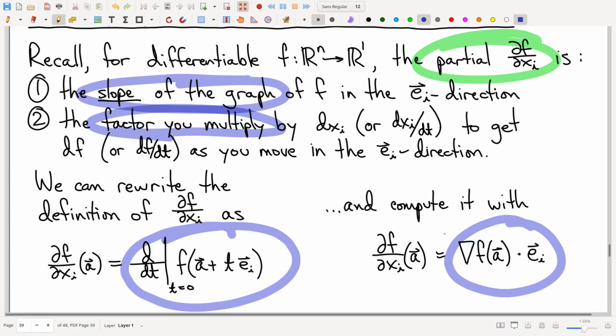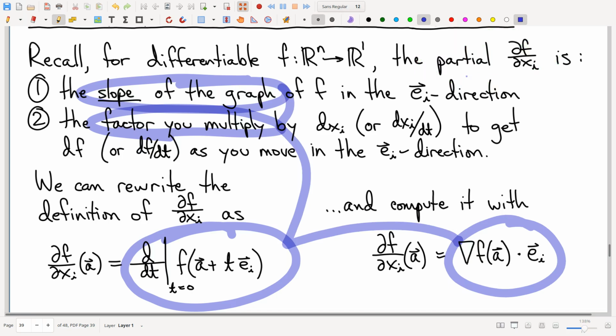So what we've got here is four things that are all equal to the partial derivative, and I'm going to write them as four things that are all equal to each other: the slope of the graph, the multiplicative factor, the rate of change as you move in a certain direction, and this dot product formula with the gradient. All of these are equal to each other.